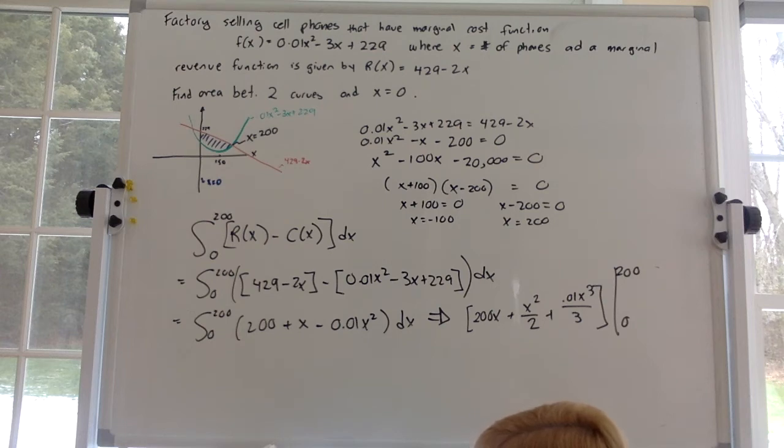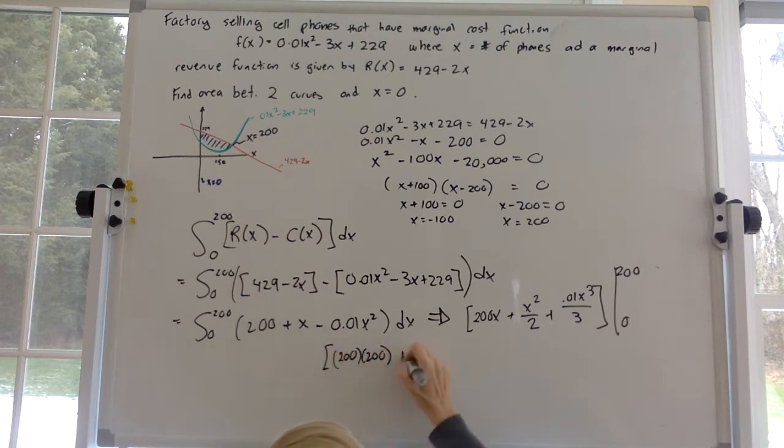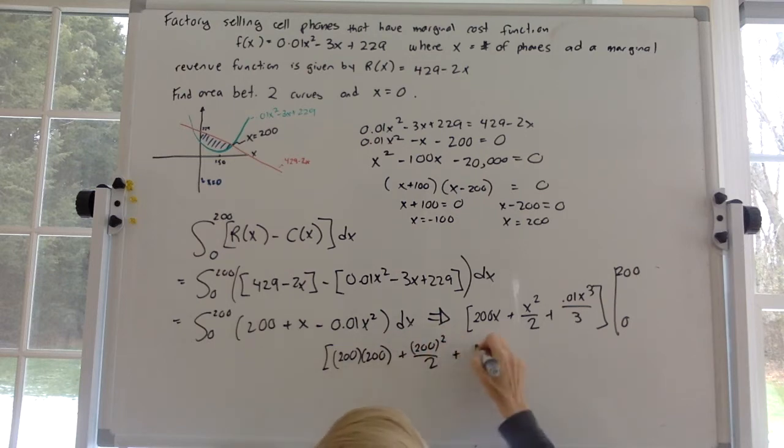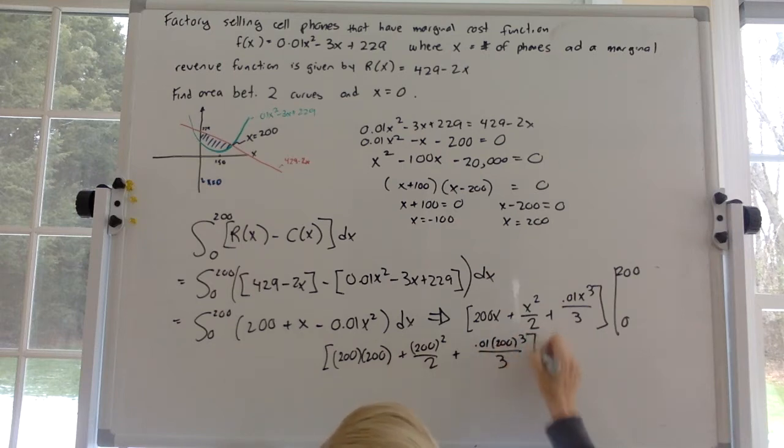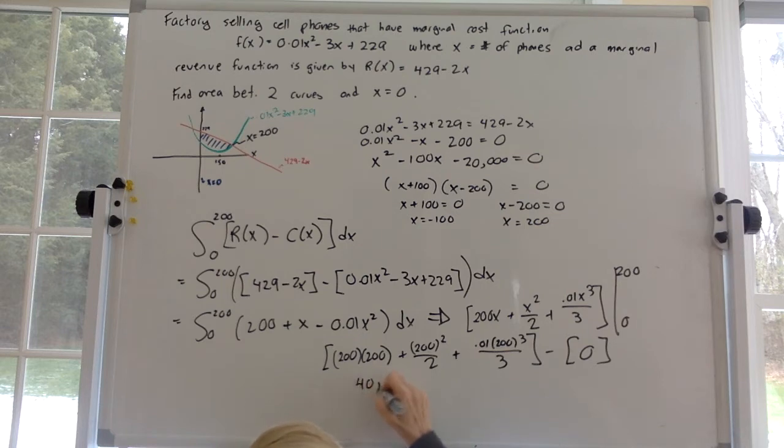So let's plug in. When we plug in, we get 200 times 200 plus 200 squared over 2 plus 0.01 times 200 cubed, minus 0, right? Because when you plug a 0 in, all those three terms go to 0. So what did I end up getting? I ended up getting 40,000 plus 20,000.